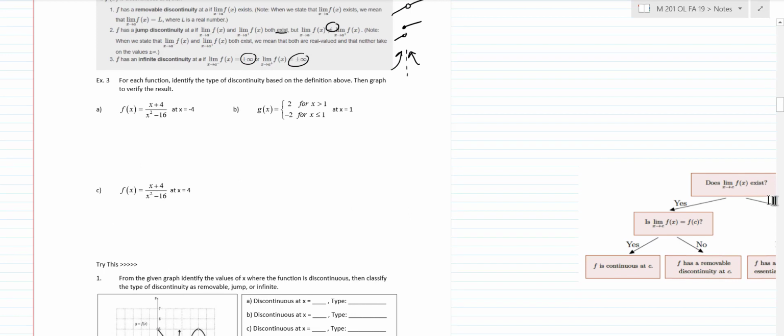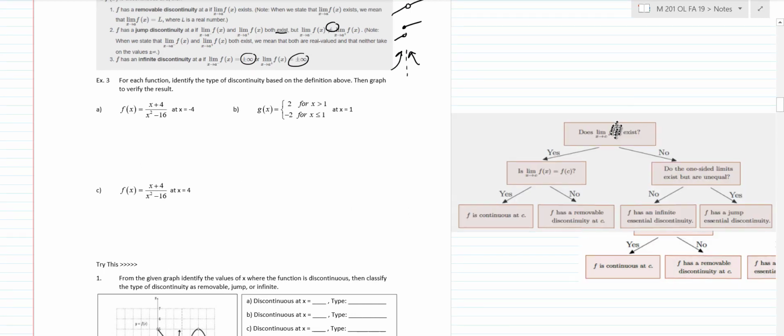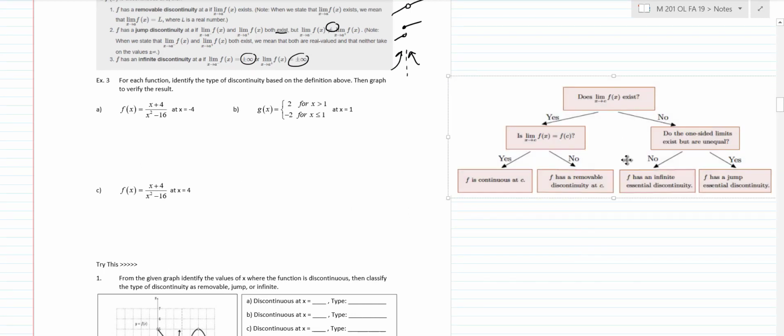Step one is to see if the limit exists or not. So we're going to do the limit as x approaches negative 4 of x plus 4 over x squared minus 16, and we'll see if it exists. If we plug this in, we would have negative 4 plus 4 over negative 4 squared minus 16.